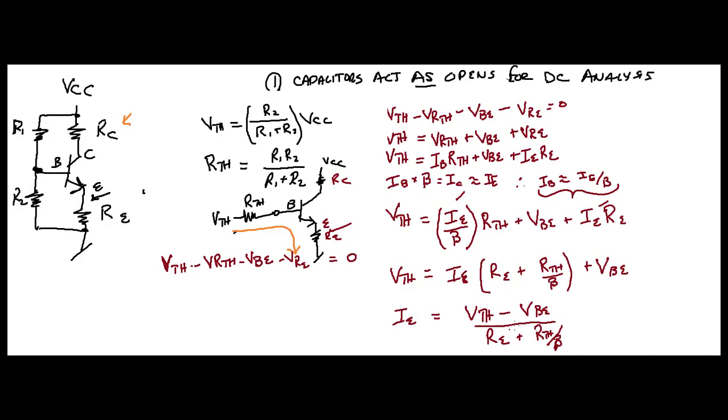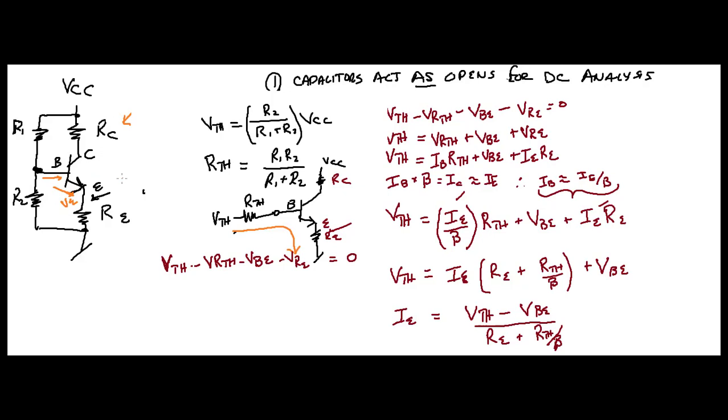So if you notice, when you look at this, come over here and look at this right here. We started out here with our VB, right? Then we had to subtract the voltage here. And if we know what VE is at this time, this was our other way, our shortcut.